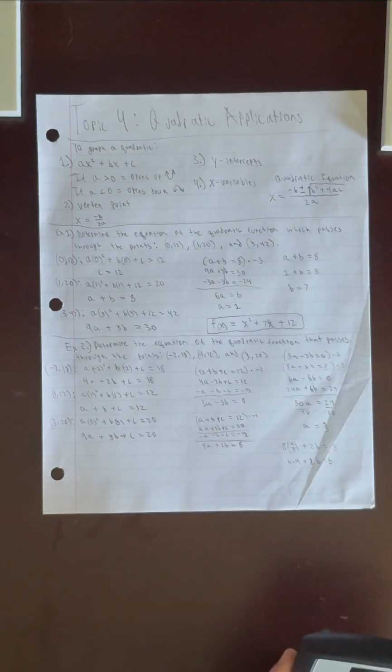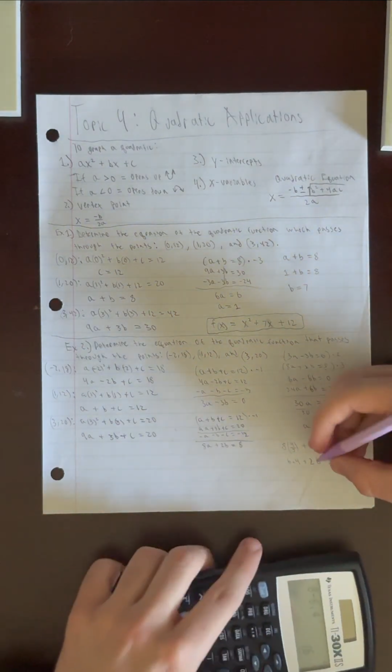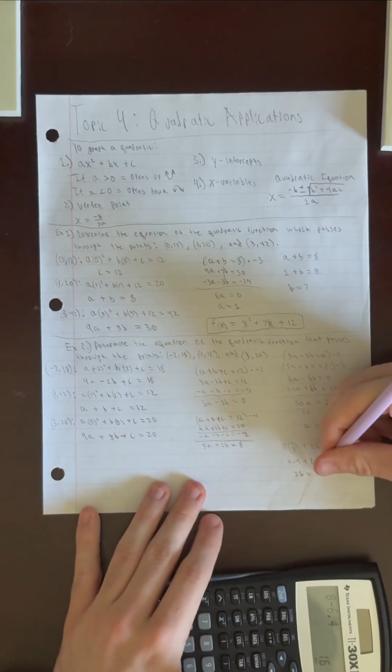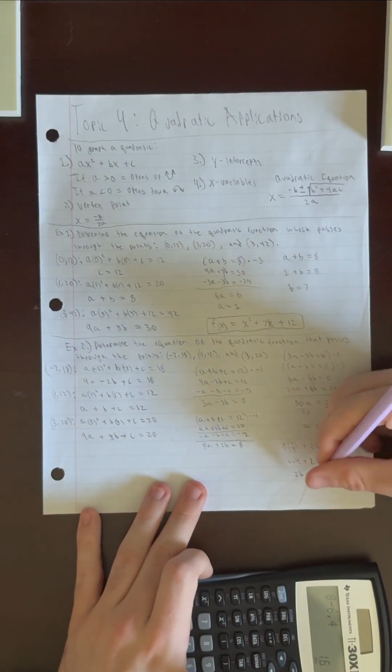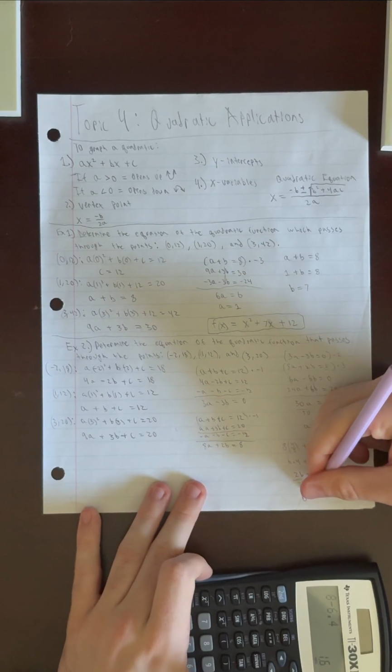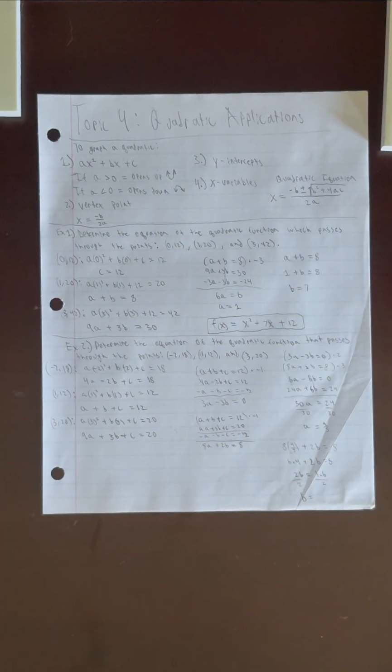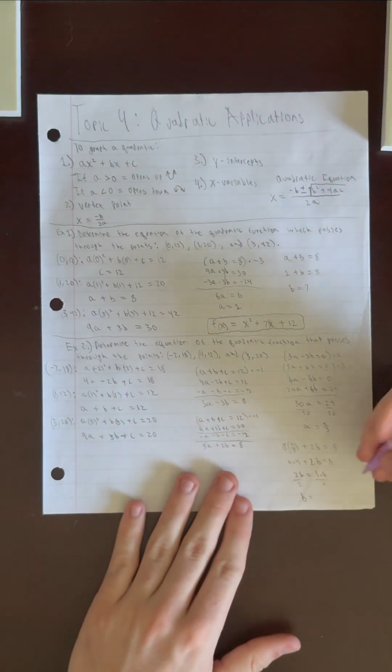Now we're going to subtract the 6.4. Get 1.6. We get 2b equals 1.6. Divide by 2. It also comes out to 4/5.